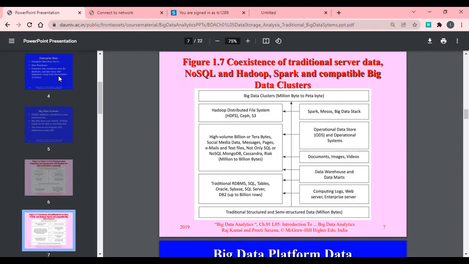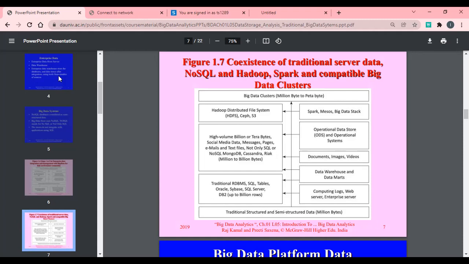And traditional RDBMS we use for data warehousing and computing logs, web servers, enterprise servers, SQL databases and Oracle database. But in big data analytics, we are using the Hadoop distributed file system (HDFS), using Spark. In the Hadoop distributed file system, we are going to store a high volume of millions of terabytes.